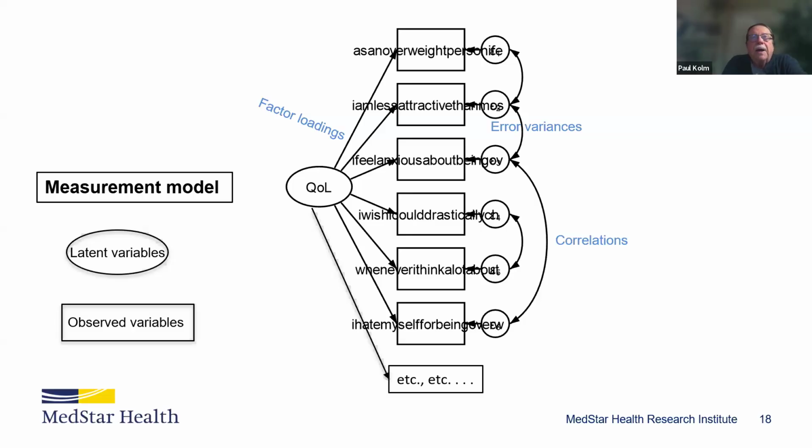One of the nice things about Stata is that you can actually just draw this diagram, put in the observed variables, and Stata will generate the syntax that estimates the factor loadings and the error variances. Some of the others might do that too. I would guess they probably do, but I'm not sure about that.